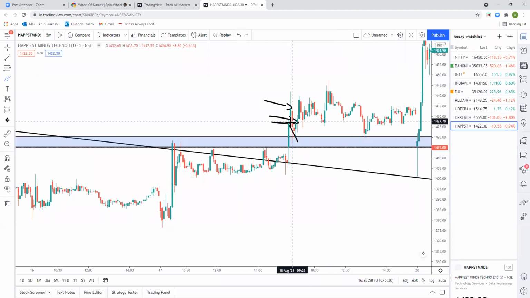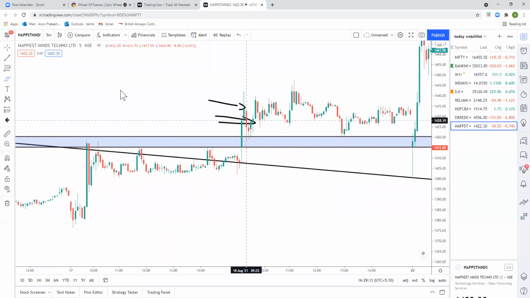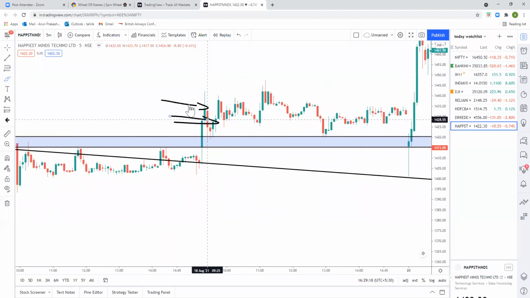So what you should do here, you are going to look for entries closer to this range, the horizontal resistance zone which had been broken. After this candle, it shot up and again you had some selling pressure, and this is your indication. I'll just delete this.